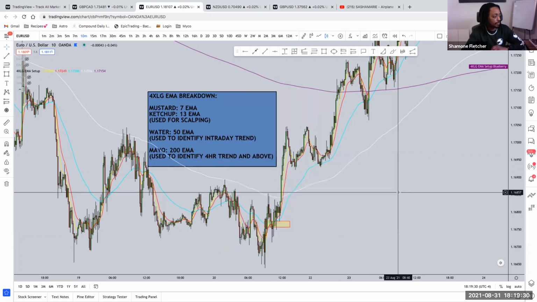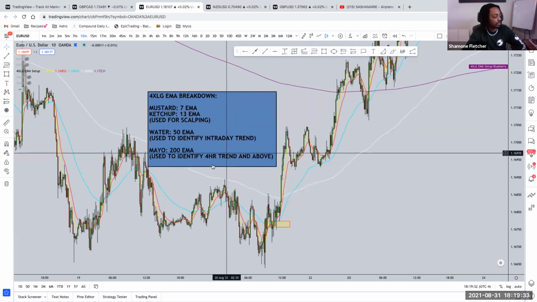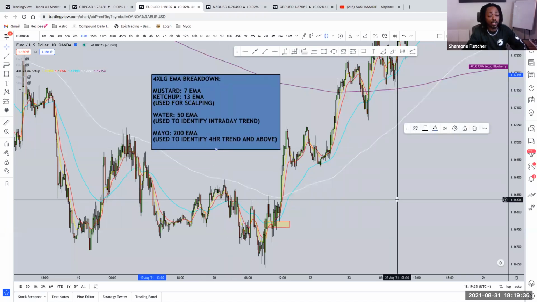There we go, right? Mayo is the 200 EMA, used to identify the 4-hour trend and above.